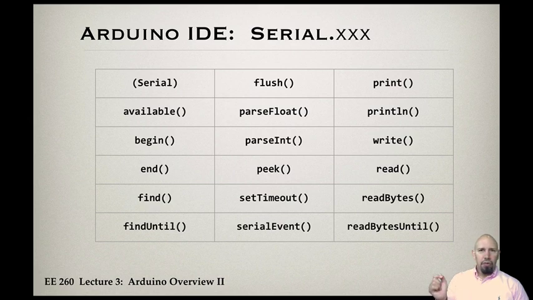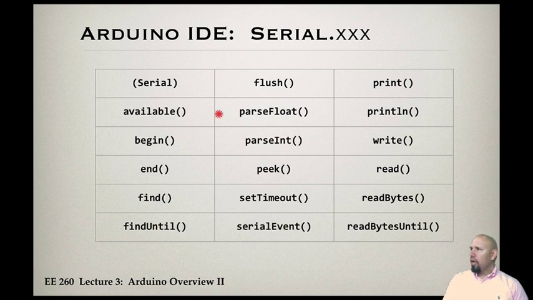For example, you would start with begin, that's similar to available. So if you start with Serial.begin, it may take a little while before you can actually start doing the communication.